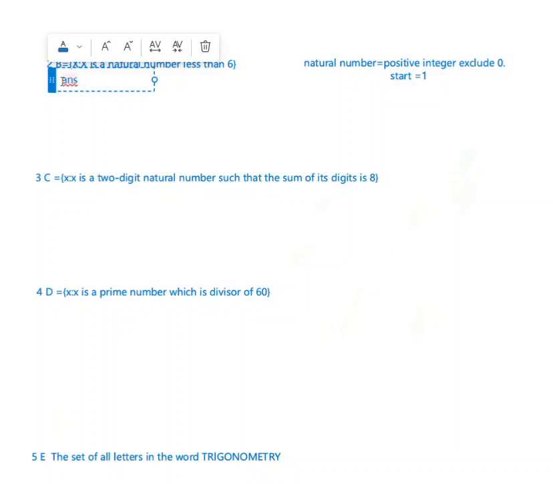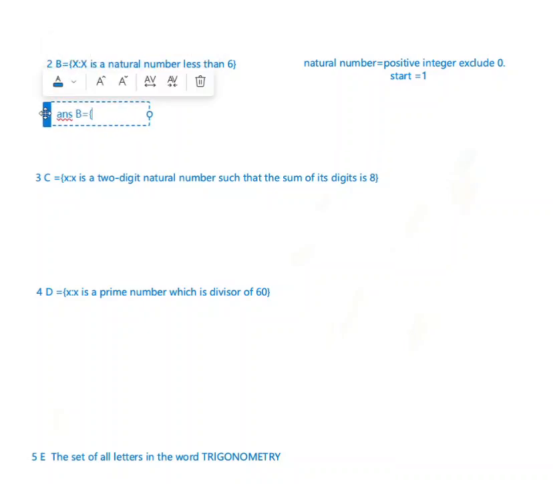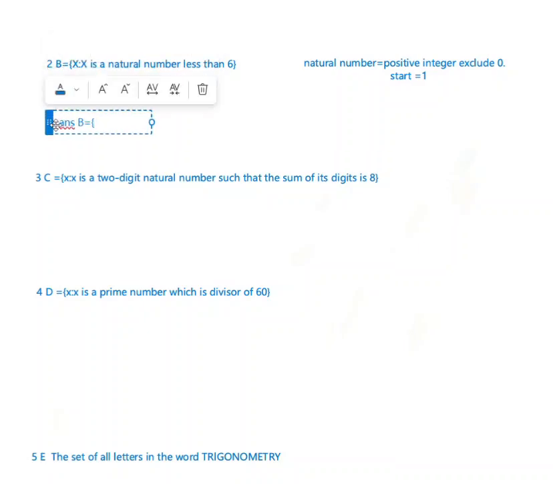So the answer of the second question: first of all, curly brackets.